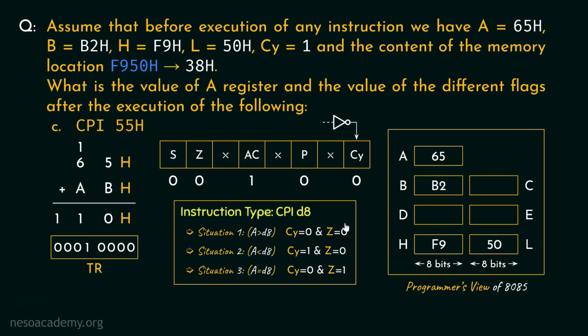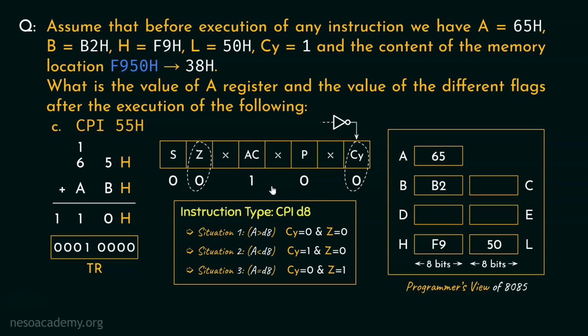And if you notice, here the carry flag is reset as well as the Z flag. And this indicates the situation 1, that is, the value within the accumulator is greater than the immediate 8-bit data. So after the execution of CPI 55H, within the accumulator register, we will still have 65.